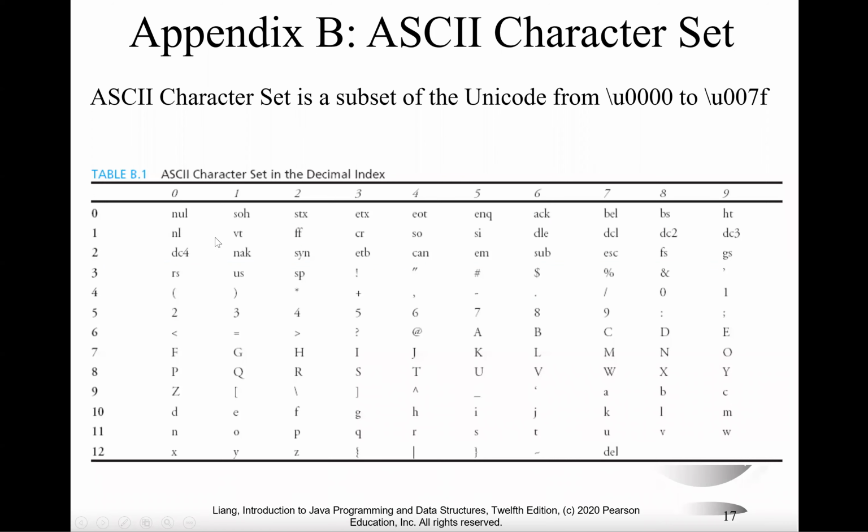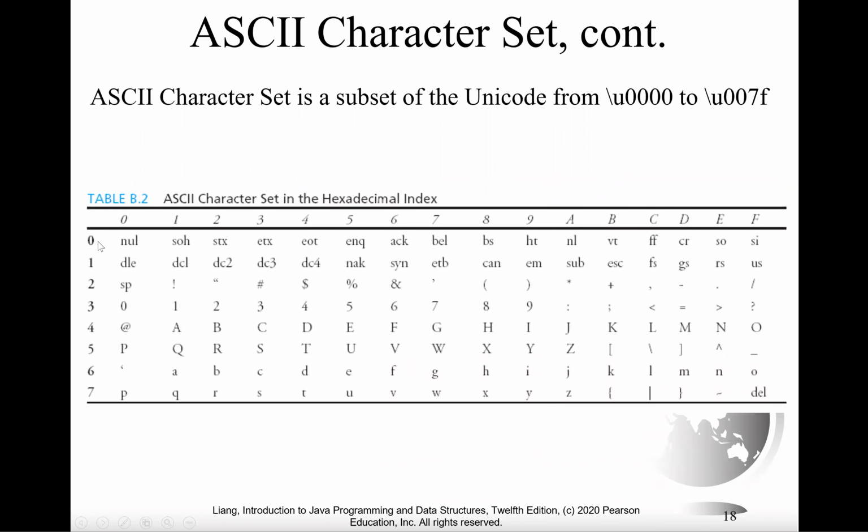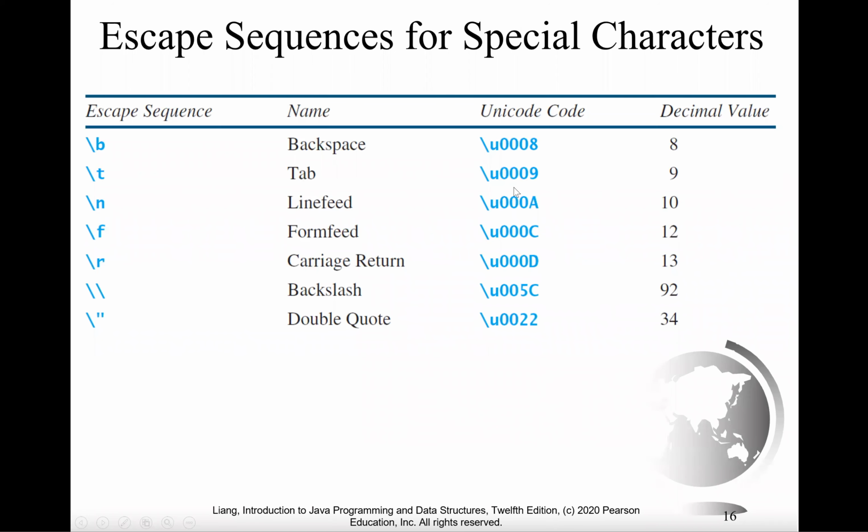If you look at the table, this is 09, the tab key. And the new line, the line feed, is \u000A. The decimal value is 10.